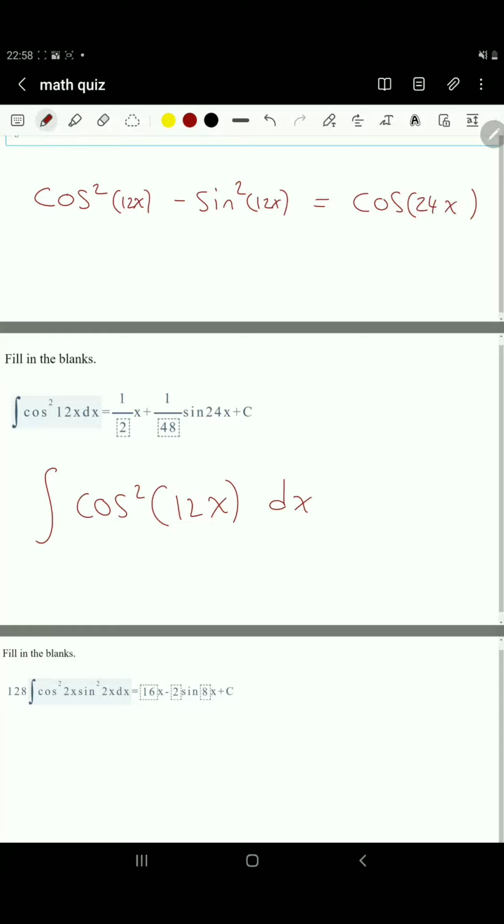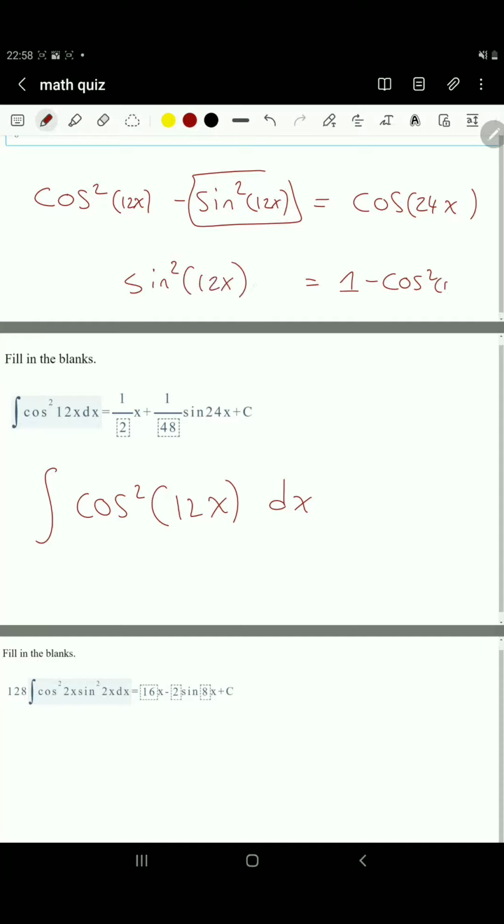Cool. So now we need to solve for cosine squared. Sine squared, again, we already established this. Sine squared plus cosine squared equals 1. So for the rest of the video, I will not show you this. I'll just substitute immediately. So sine squared is just 1 minus cosine squared. But in our case, we're talking about 12x.